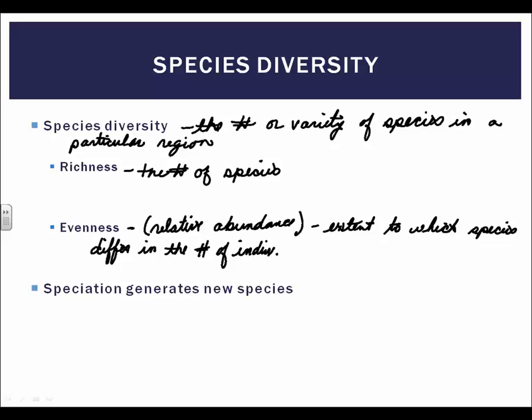So speciation is the process of generating new species. We know extinction reduces the species richness, but speciation creates them.